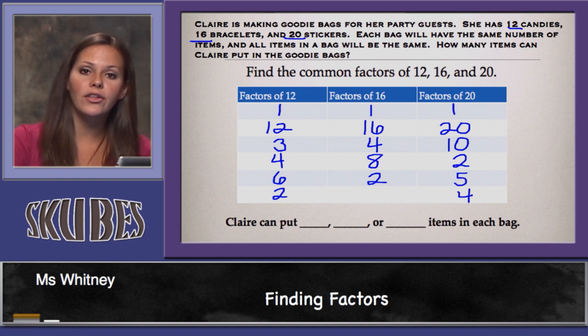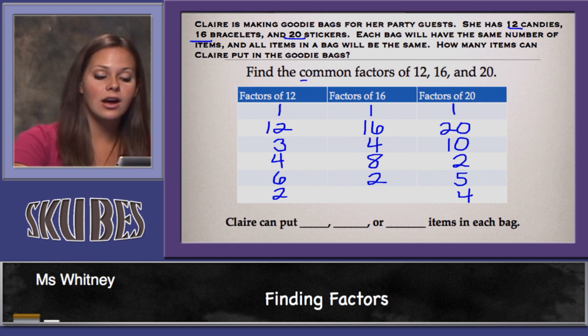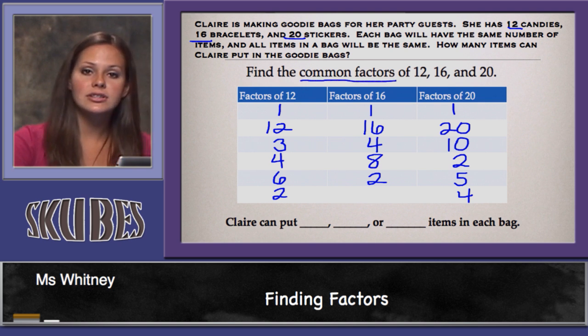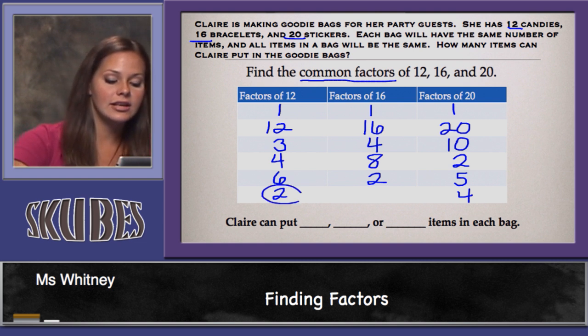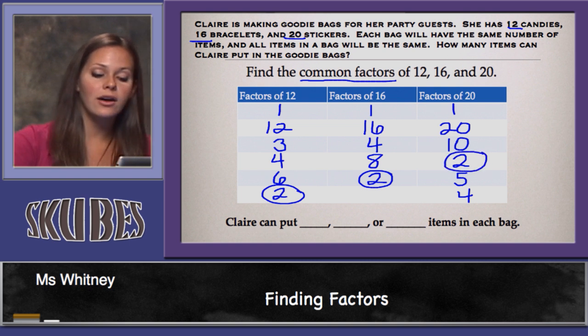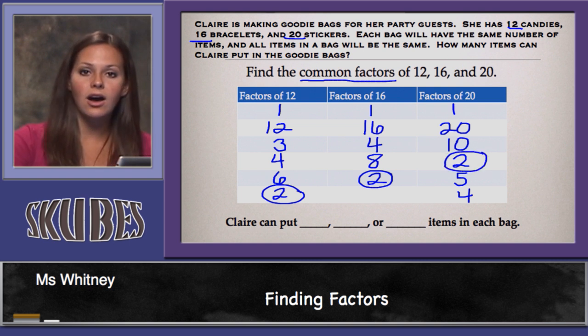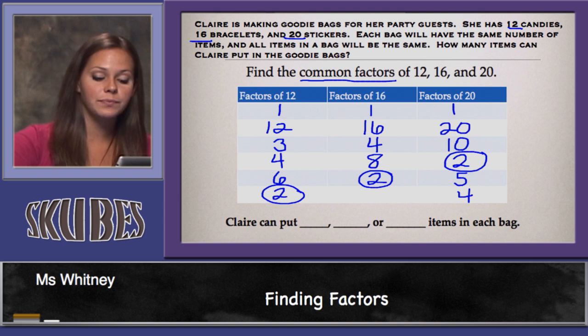So now that I've listed all the factors, I need to find the common factors, the factors that are shared between the numbers. The first common factor that I see is 2. 12, 16, and 20 all have the factor 2.